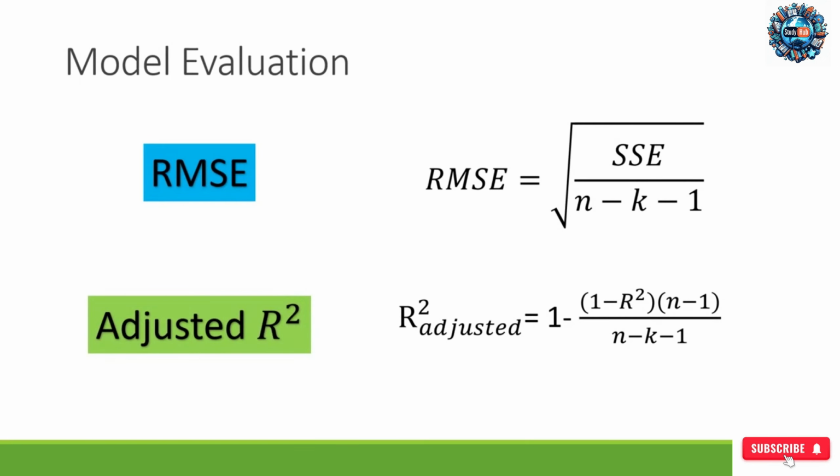The first statistic is RMSE, which is the square root of the sum of squared errors averaged by degrees of freedom, where K is the number of predictors. This statistic is to measure the prediction error. The reason to use the degrees of freedom is that the square of RMSE is an unbiased estimator of the variance of noise. The second is adjusted R-square.